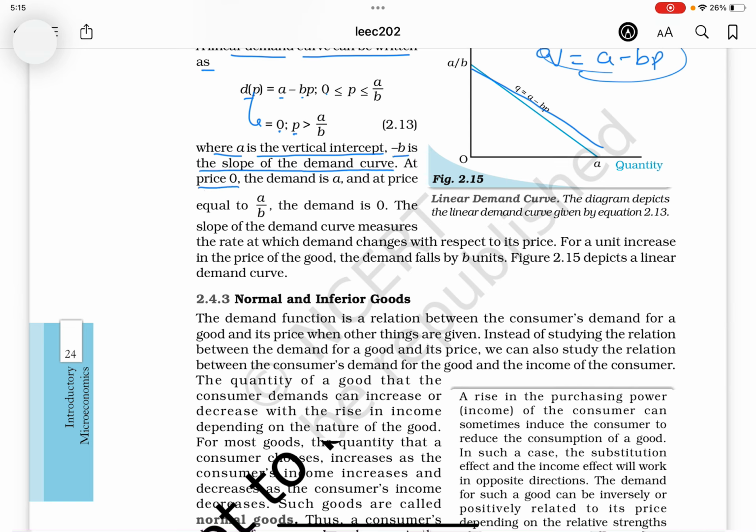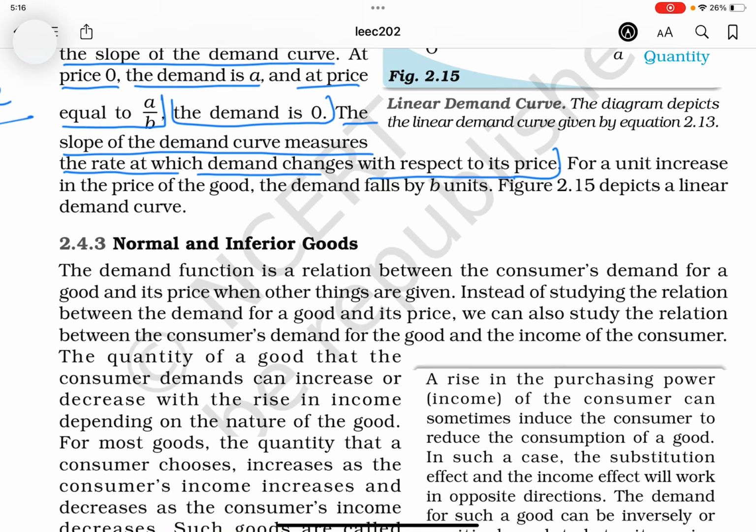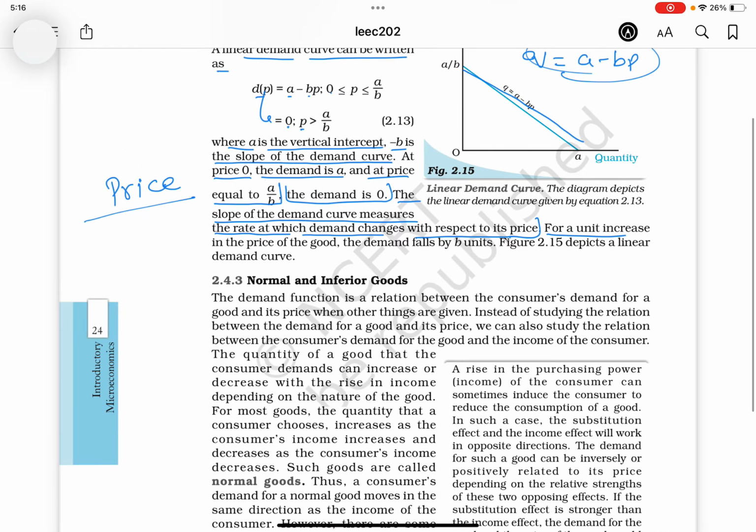At price 0, the demand is A, and at the price equal to A upon B, the demand is 0. The slope of the demand curve measures the rate at which demand changes with respect to its price. किसके रिस्पेक्ट में? प्राइस के रिस्पेक्ट में. For a unit increase in the price of the good, the demand falls by B units.